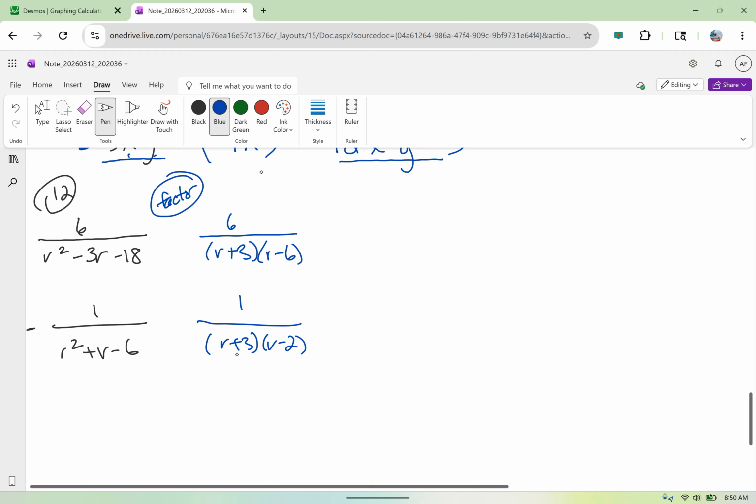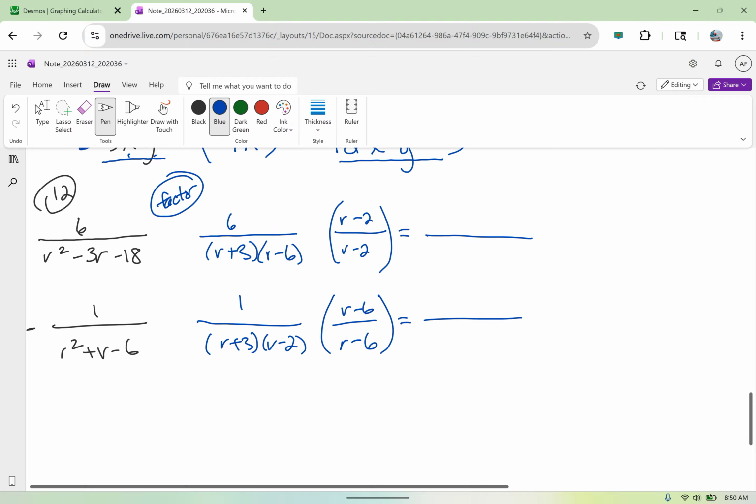The r plus 3 is common, so I need to multiply this times r minus 2, same on top and bottom. And then down here, I need to multiply top and bottom by r minus 6. So I will now have a common denominator like so.